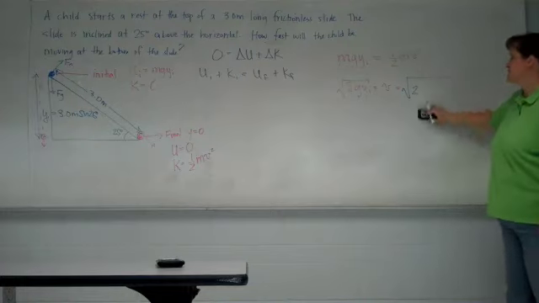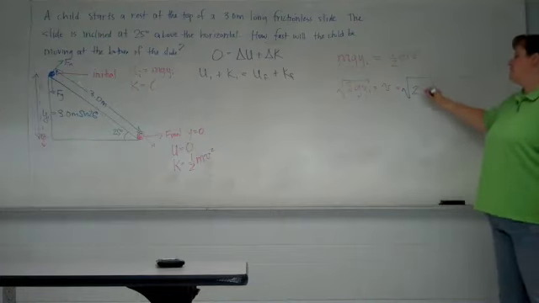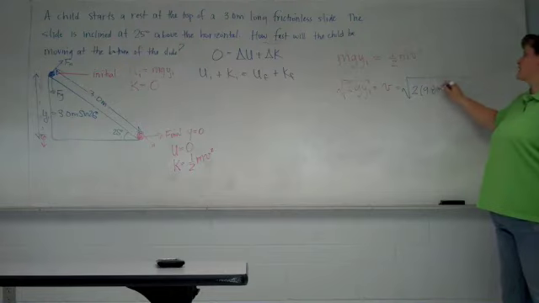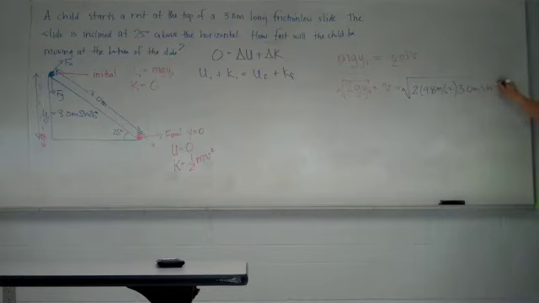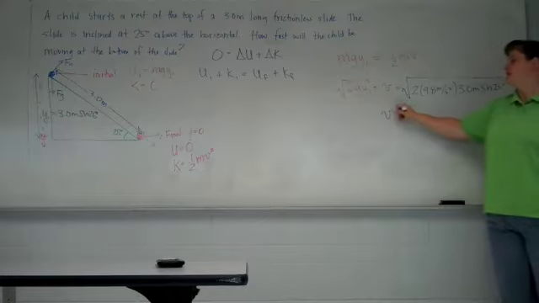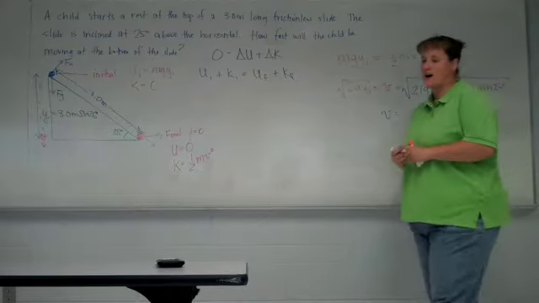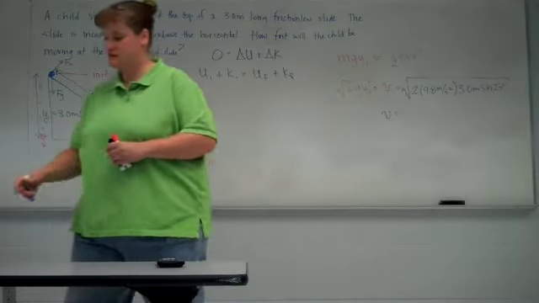I'll plug numbers in. 2, g is 9.8 meters per second squared. Y initial was 3 meters times the sine of 25 degrees. So that tells us how high the kid was initially.